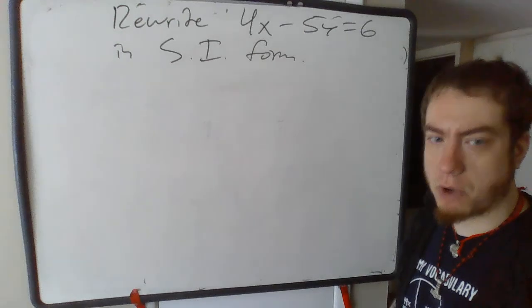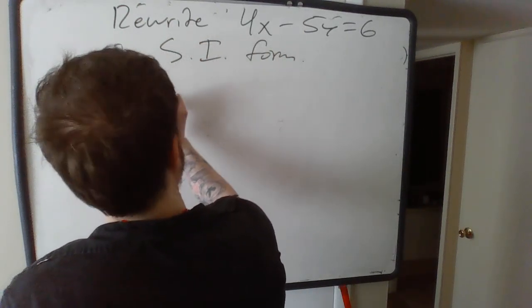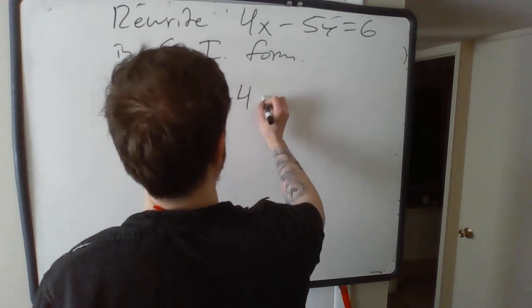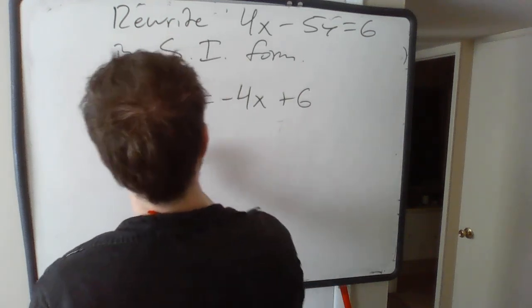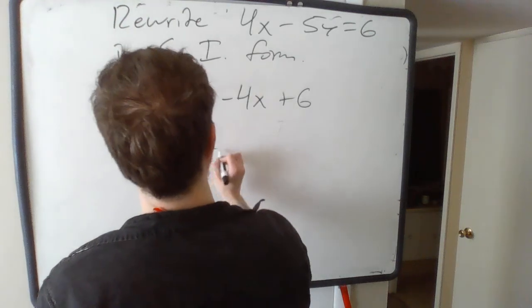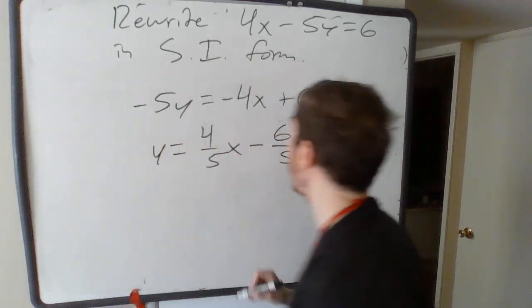I'm isolating the y variable on one side of my equation. So this would become negative 5y is equal to negative 4x plus 6. And when I divide everything by negative 5, that gives me y equals 4/5 x minus 6 over 5.